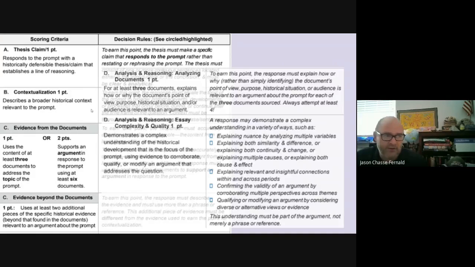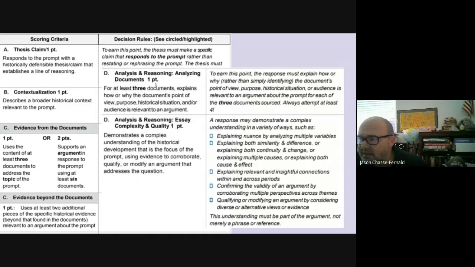And the same is true for sourcing. So I don't recommend sourcing all 7 documents. It's hard, right? But try to source 4, maybe 5 if you can.